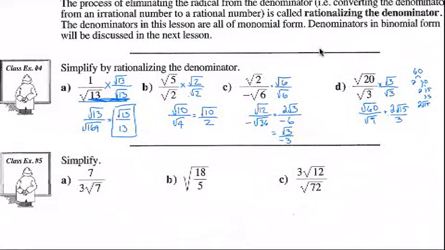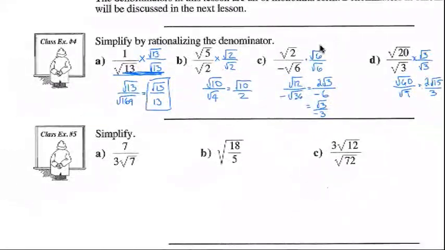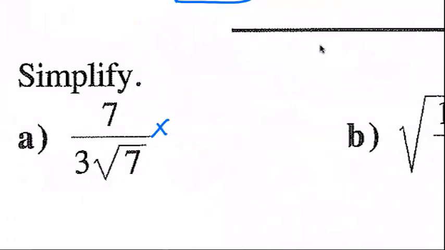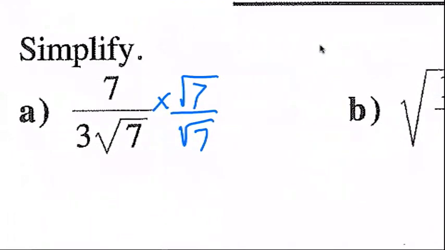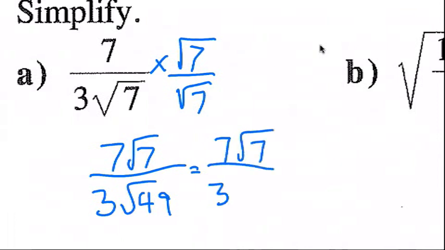Example 5, letter A. The process doesn't change if the numerator changes, so the same thing is going to apply down here. I'm going to rationalize the denominator, multiply by square root 7 over square root 7. The numerator becomes 7 square root 7 over 3 square root 49, but the square root of 49 is 7, so this is 7 root 7 over 3 times 7.